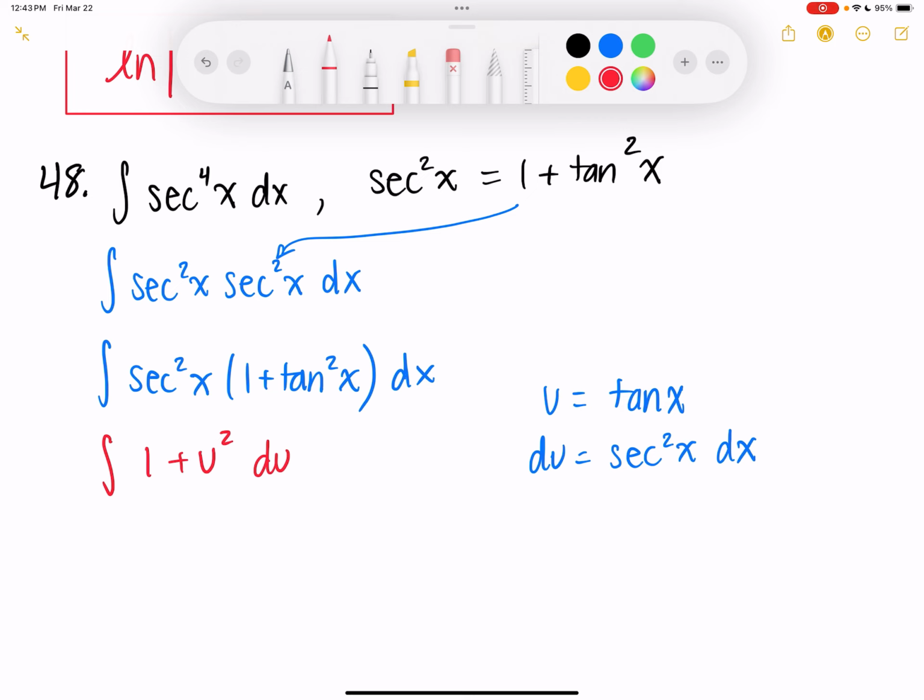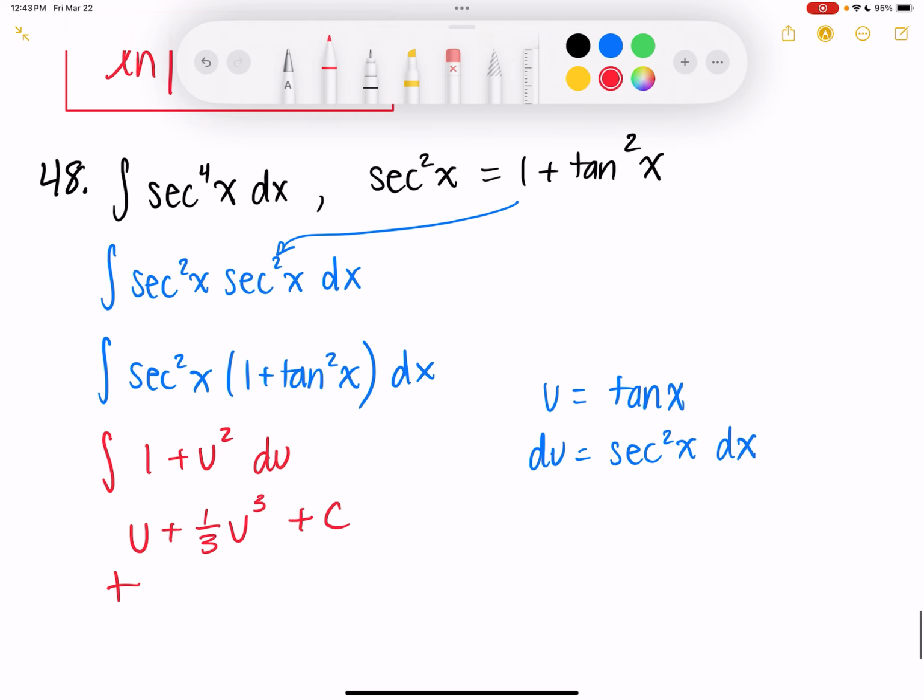The antiderivative is u plus 1/3 u cubed plus C. Yep, and then we just substitute back in. So I've got the tangent of x plus 1/3 tangent cubed of x plus C.